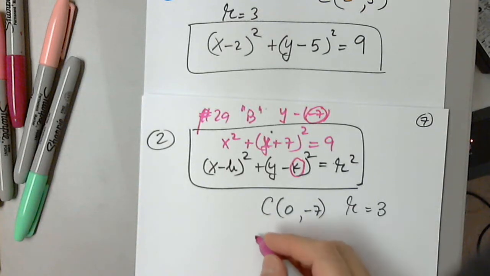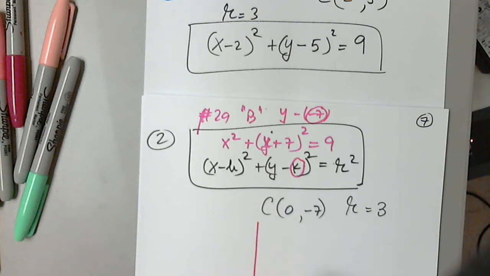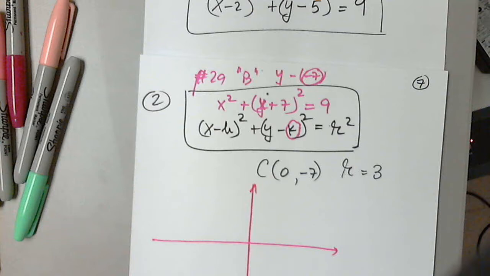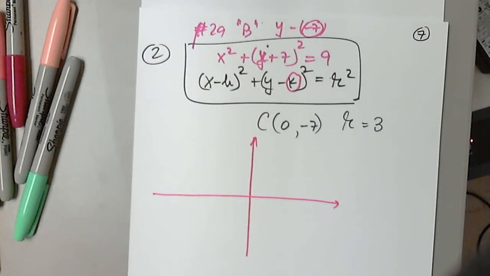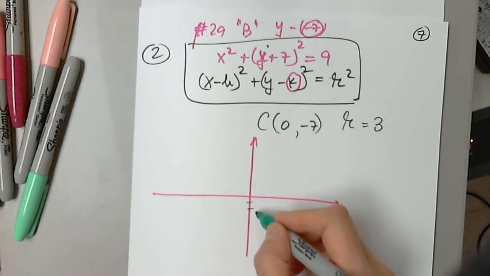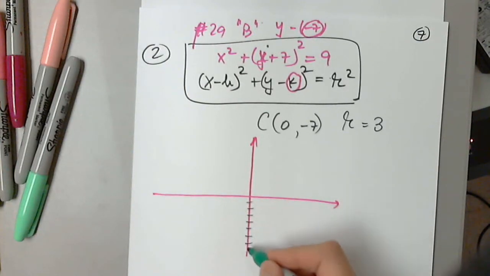Let's graph it now. Zero, -7 happens to be on where? On the y-axis, very good. 1, 2, 3, 4, 5, 6, 7.